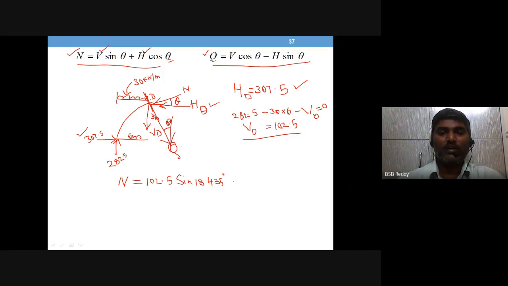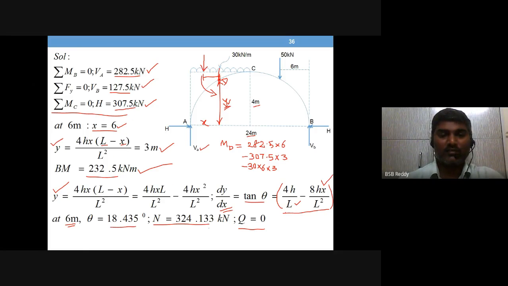Okay, right, plus what is H value? 307.5 into cos theta. Cos theta is again 18.435. This will give you n value that you have to calculate, 3 to 4.133 kilonewton.